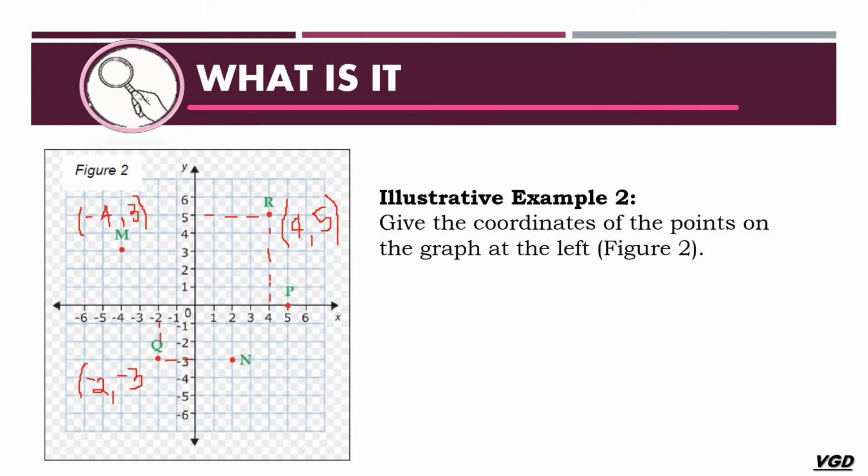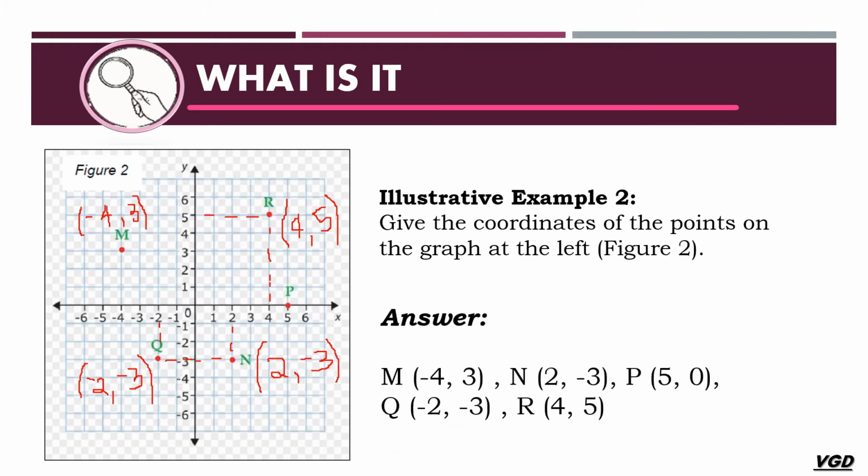So therefore, our coordinates for point Q are -2 and -3. And for point N, we have here +2, and for the y value, we have here -3 as the coordinates.